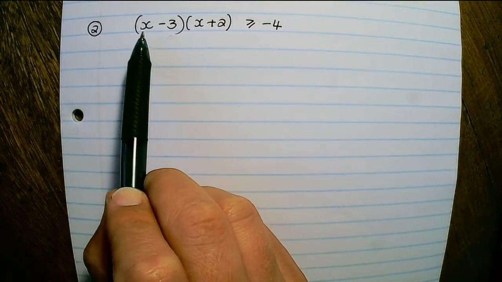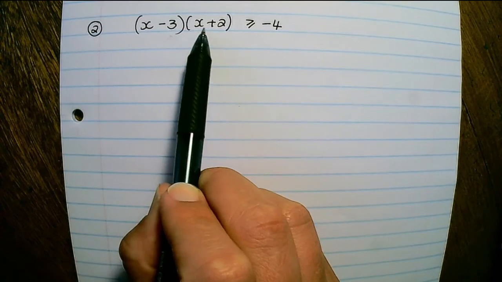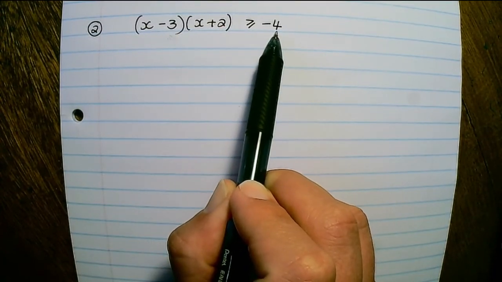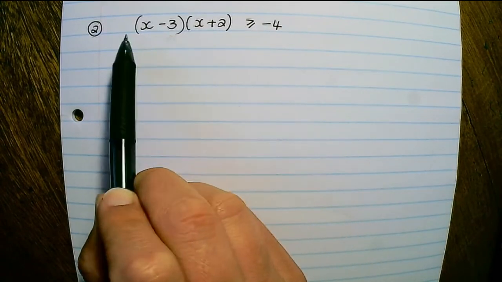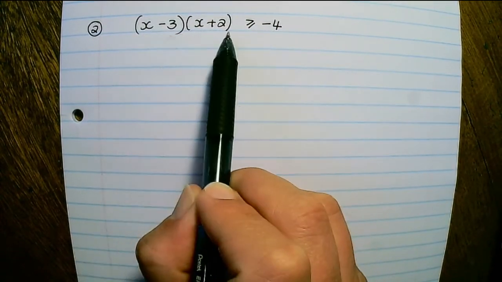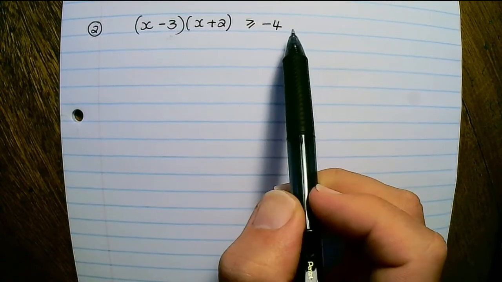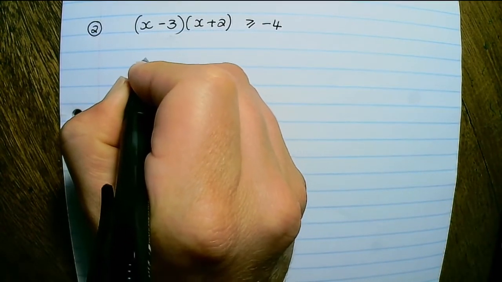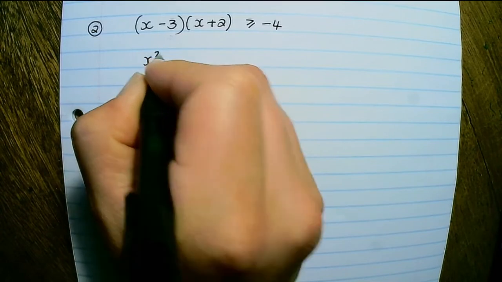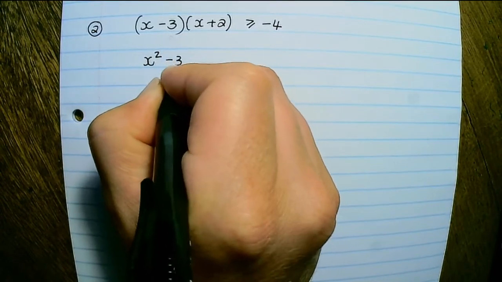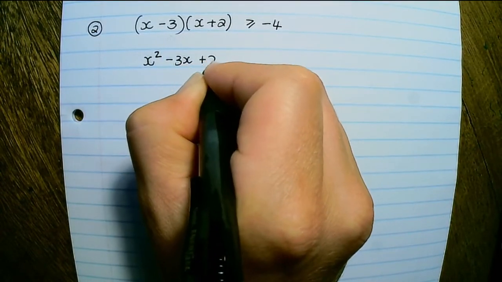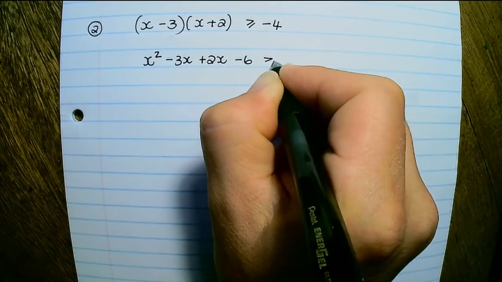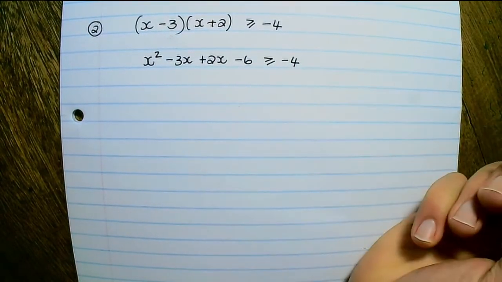In our next example, we have (x minus 3)(x plus 2) bigger or equal to negative 4. And we want to follow the same procedure as before by multiplying out and rewriting it in standard form. So it will be x squared minus 3x plus 2x minus 6 is bigger or equal to negative 4.